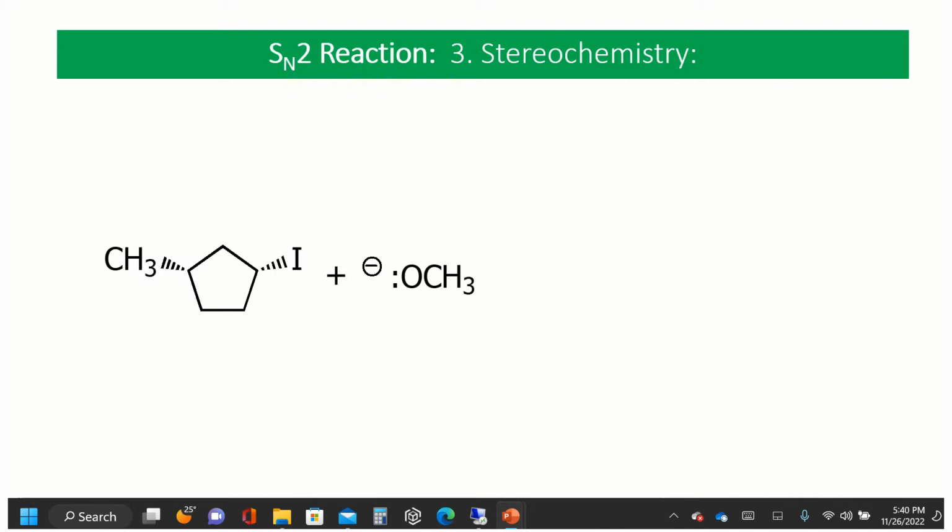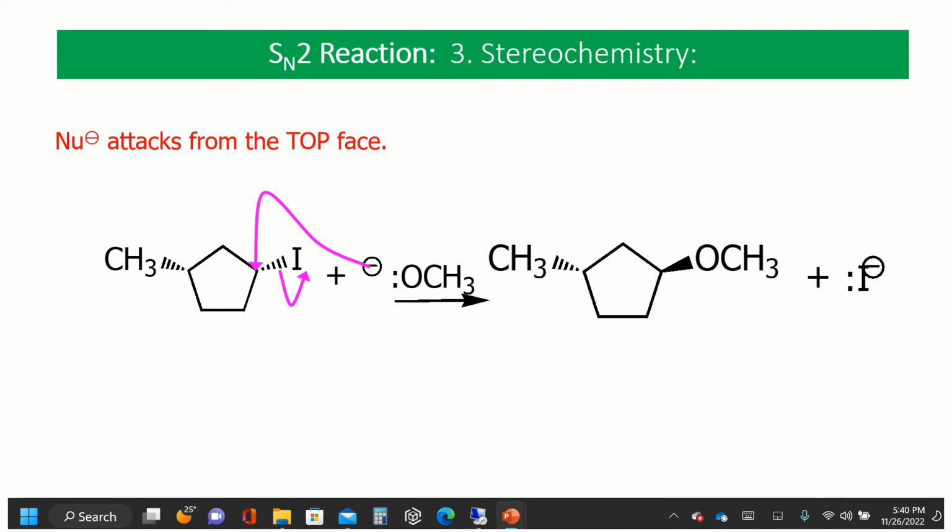So in this case, the way it is shown, the iodide is below the ring, and so the attacking methoxide would be above the ring, giving an oxy group trans to the methyl, which was cis to the iodide that we started with.